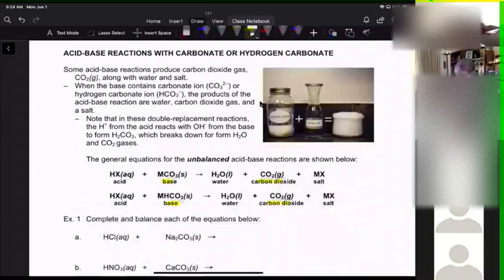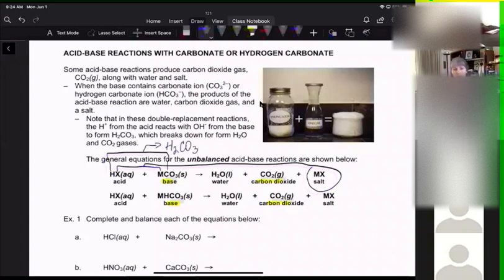All right, we're going to complete and balance. Now, if you do this like a double replacement reaction, then we would take these things and make our salt, and that stays there. That's the same. And then we would take these things, and what would those give us? What is that? Do you remember we looked at this on our solubility rules?